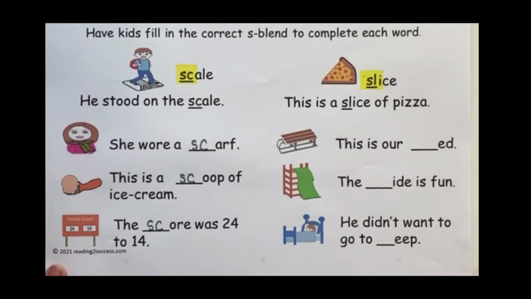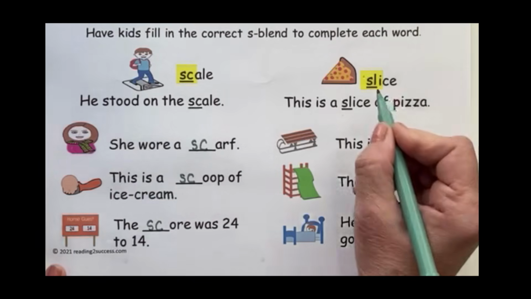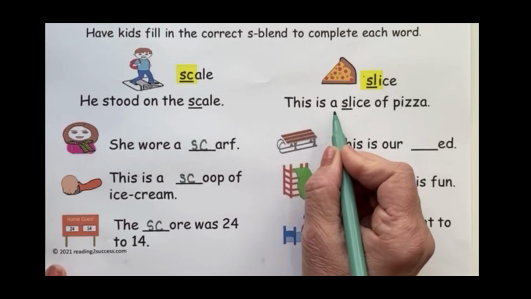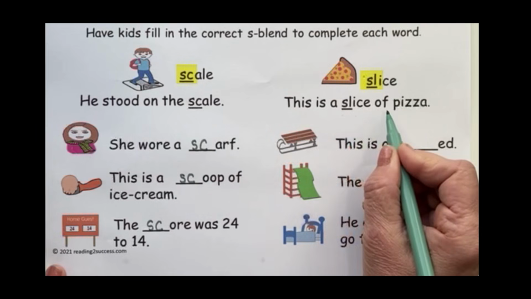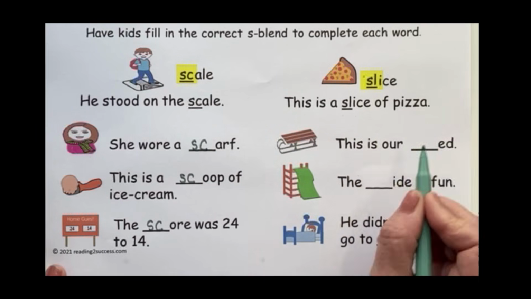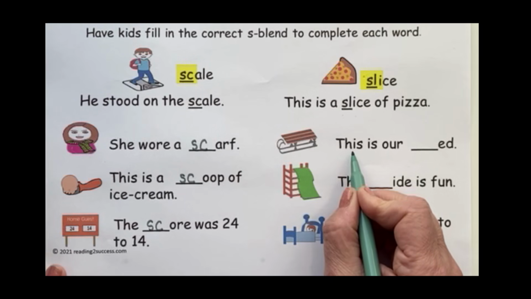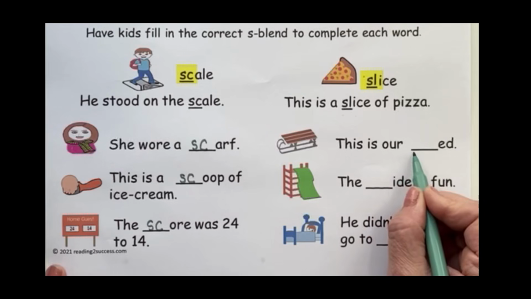Now let's move to the S blend SL. This is a slice of pizza. We know this is a sled, so our sentence is, this is our sled.